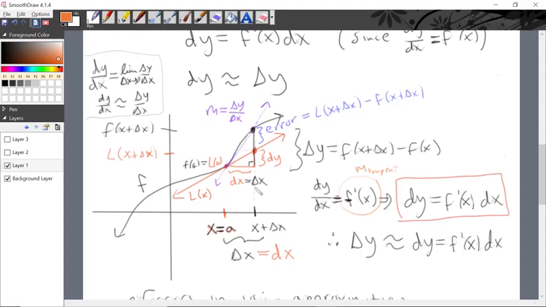So if we are told some given precision error in an input measurement, you'll see examples like that. If we're told that something was measured to within an error of plus or minus some amount, that plus or minus some amount is our delta x. So we have some precision error possibly in the input. Well, then there's going to be some output that could potentially be wrong as well.